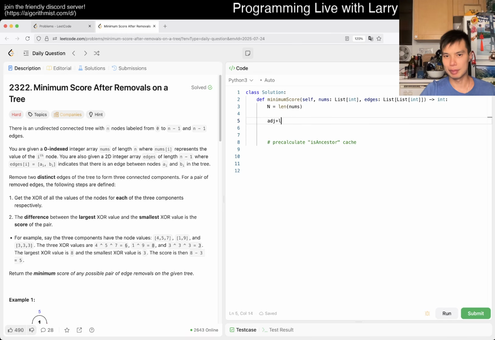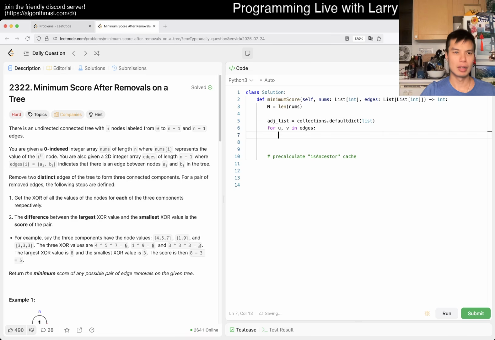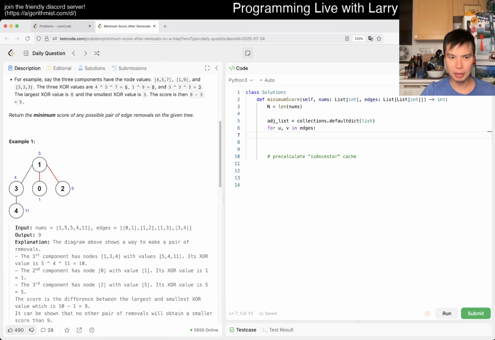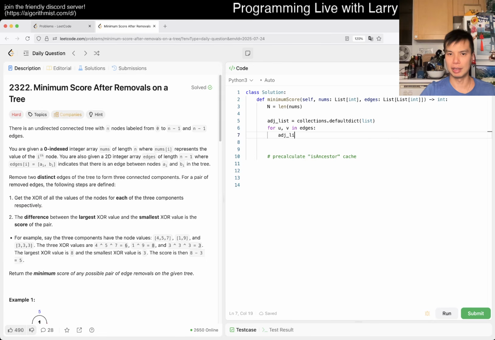These are zero-indexed, I always mess that up, so I want to make sure. Then we can pre-calculate as part of a depth first search, though you can do it in any number of ways. Naming things is hard. I'll just go depth first search with the current node, and then maybe ancestors.